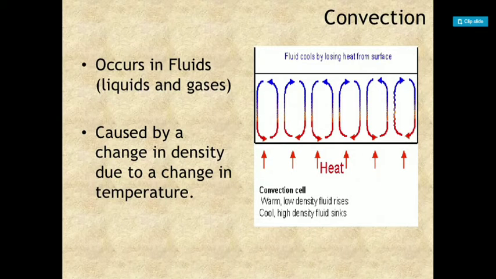As it cools down, it moves down, and warm, low density fluid rises while the cool, high density fluid sinks. As the air cools down, its density becomes higher, so it will move down. And once the fluid becomes warmer, it goes up.